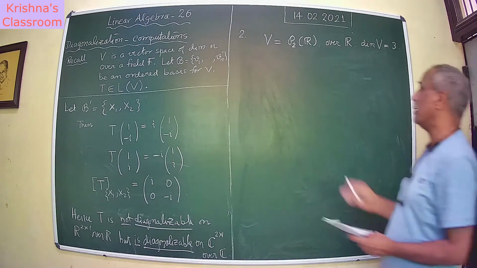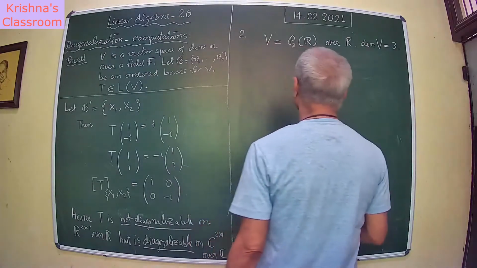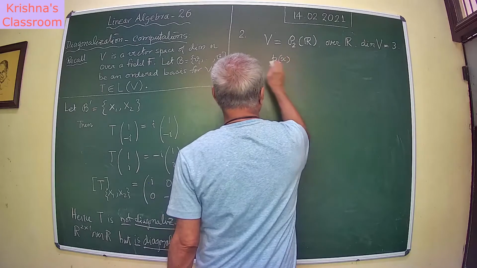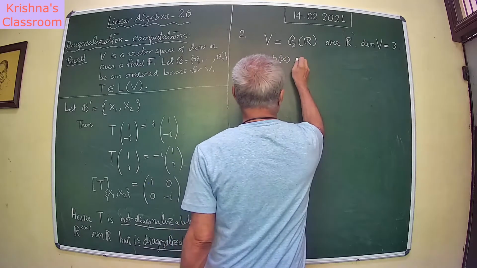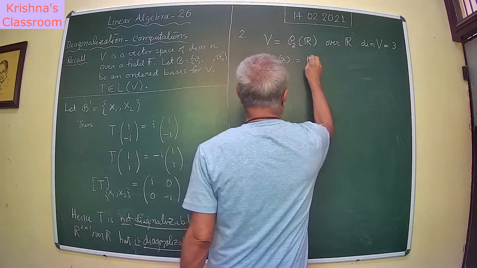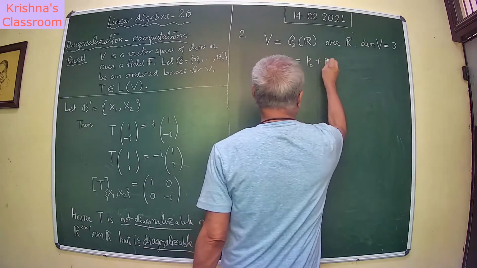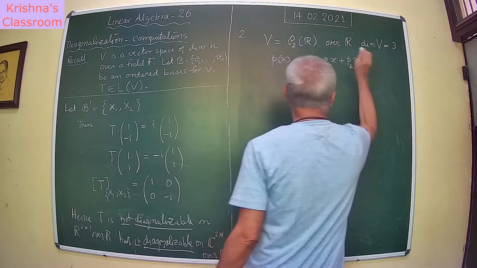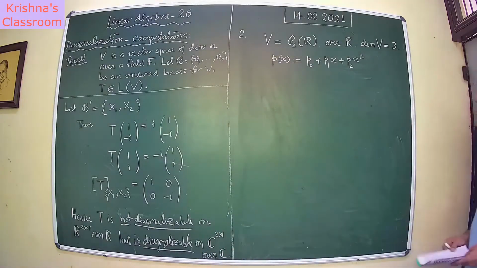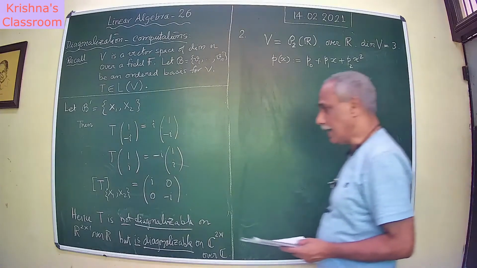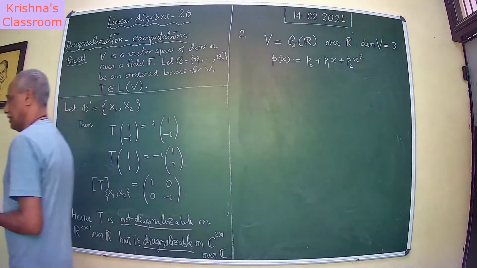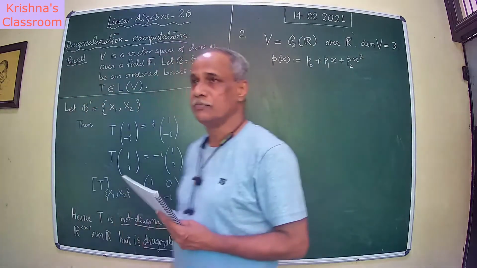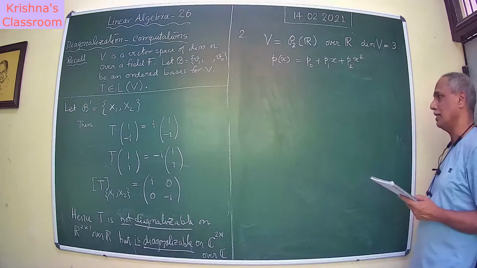so a typical member of V is, we call this Px, then Px is P0 plus P1 x plus P2 x squared. So as we have explained earlier in the general theory, you start with an ordered basis which is very convenient to handle.